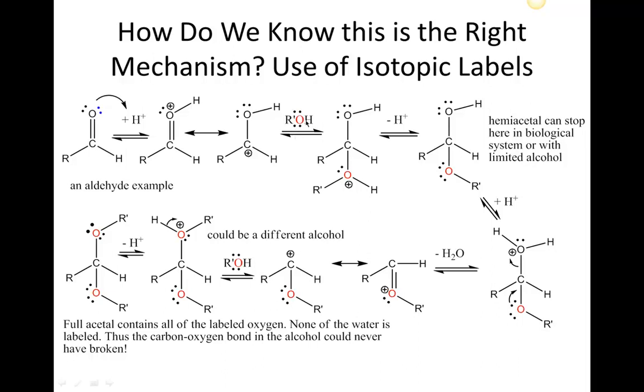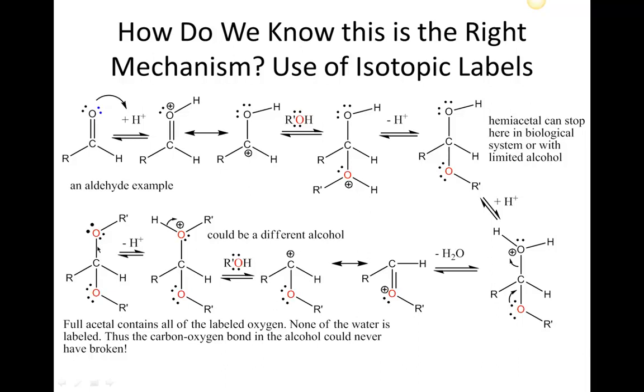And you'll notice if we follow where the red oxygens end up, all of the red oxygens end up in the products. The water molecule, if your original aldehyde or ketone is just plain oxygen 16, all comes out in the water. And all the labeled oxygen is in either the hemiacetal or the full acetal.